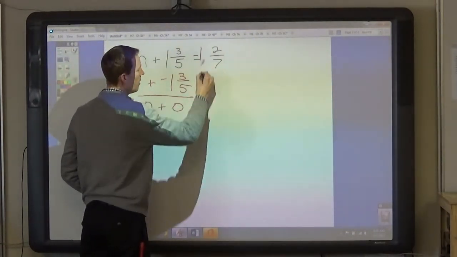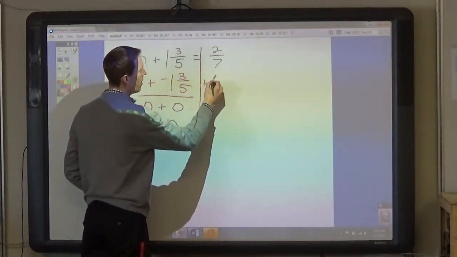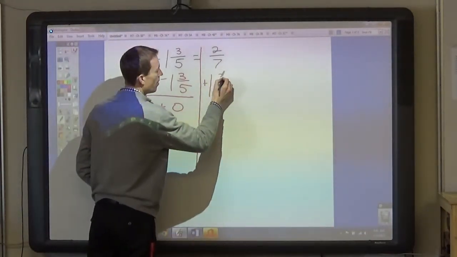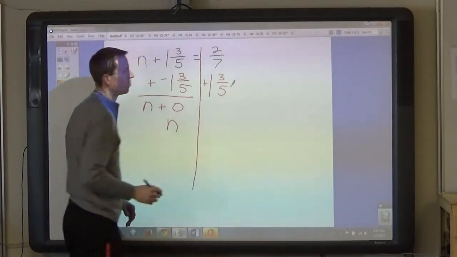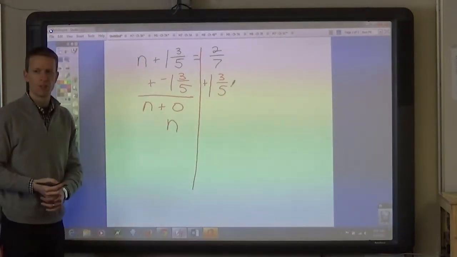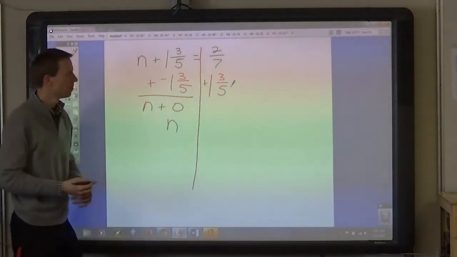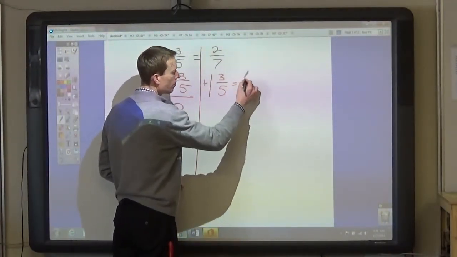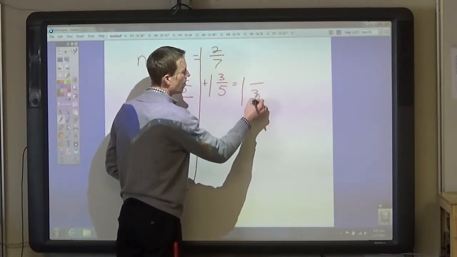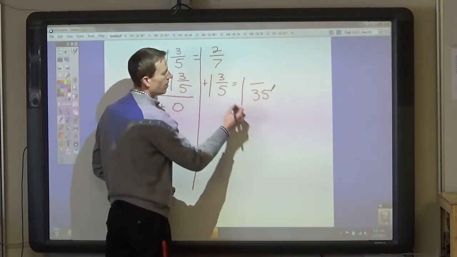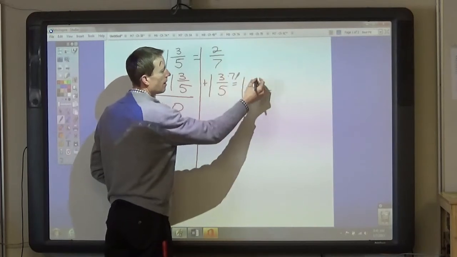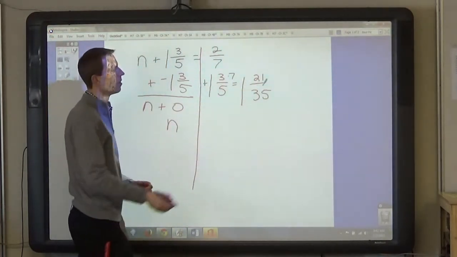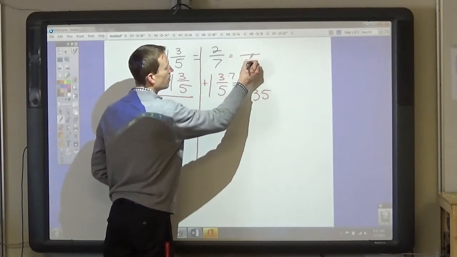Then on this side, we could add negative 1 and 3/5, which we'd have to use a common denominator. What would that be? 35. So we multiply by 7, right? Then change this to 35ths.